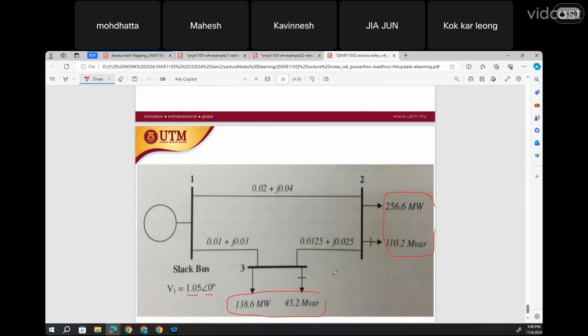You see here for a load bus, we have the information of P and the information of Q. Same goes here, we have P and also Q. And looking at the sign of the reactive power, it should be a positive reactive power connected to bus number 2 and bus number 3 because it's positive.